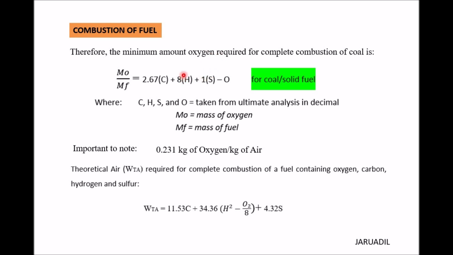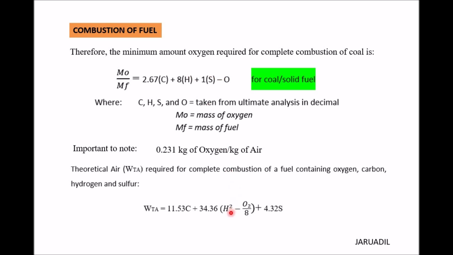Pag kinumbine mo tong dalawa, 8H minus O is equal to 8 times the quantity H minus O over 8. So, ito yun, H minus O over 8. So, kaya nagkaroon dito ng H minus O over 8. So, algebra lang yan. I-simplify nyo ito.